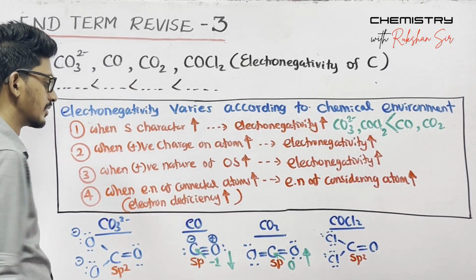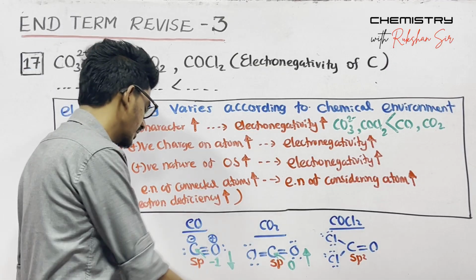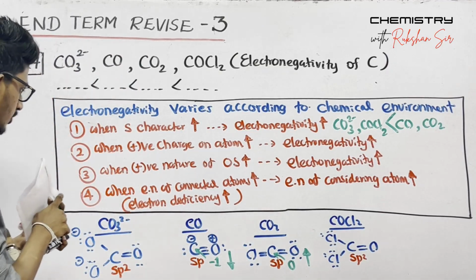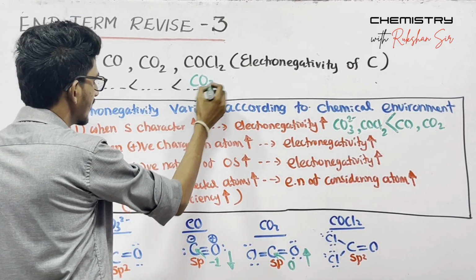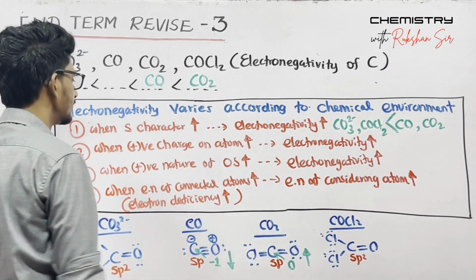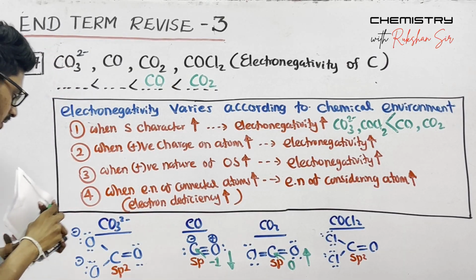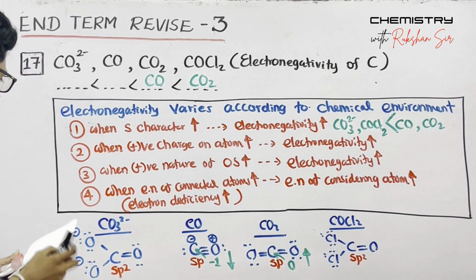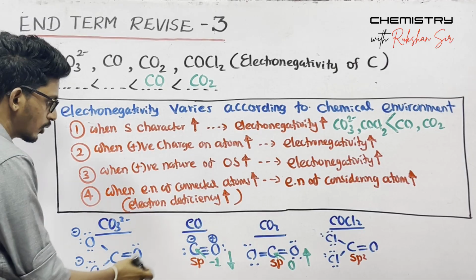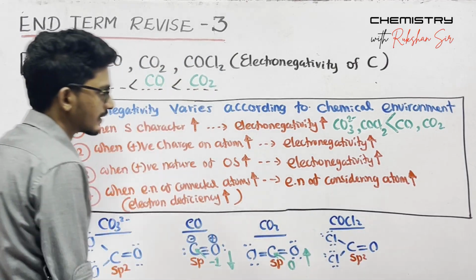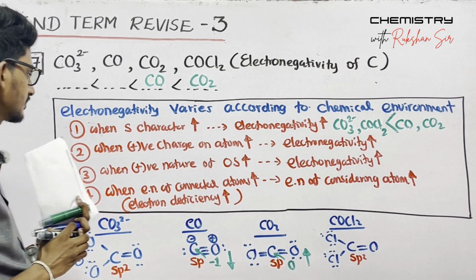When the positive charge is high, affinity is high. So the CO2 is with a greater affinity than the CO. Now let's move towards the carbonate and COCl2. With these two guys, both have the same charge.